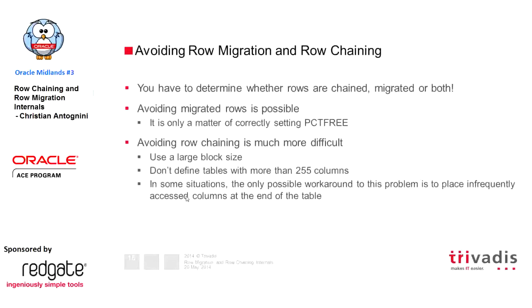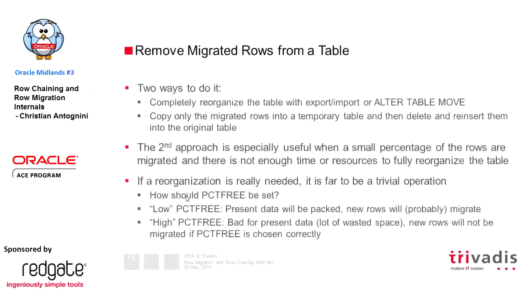If you have intra-block chaining, maybe it's a problem. But there you do not really have much choice other than to reorganize, redesign the table, maybe put some stuff in a LOB out of line or whatever. But you do not have a simple parameter you can set to solve your problem.